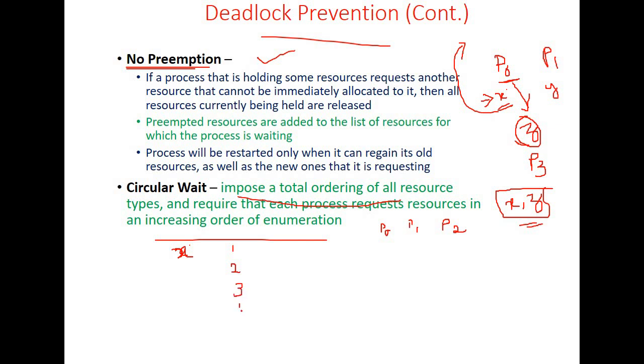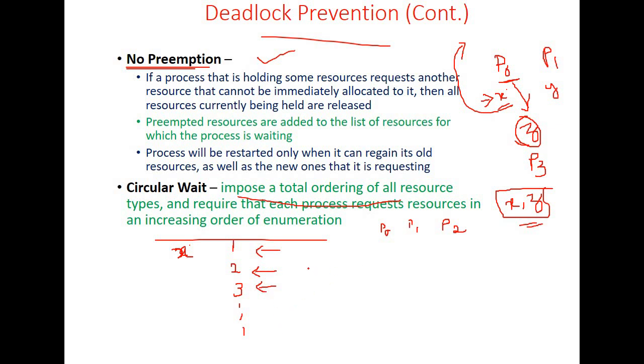Suppose a process requests a resource whose priority number or enumeration number is 1, then it can ask for resources in increasing order of their enumeration. 1, 2, 3, 4 like that only.